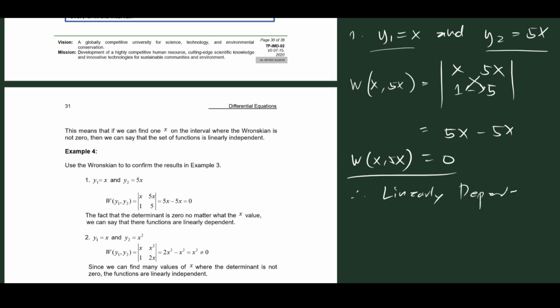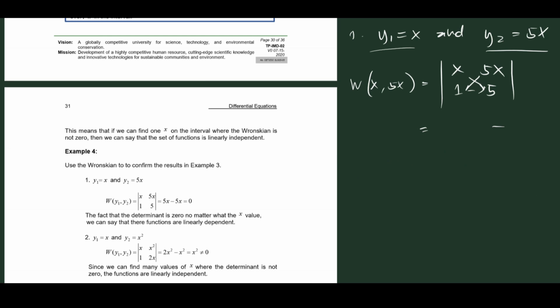If we can find even a single x value where it is not equal to 0, then we can say that it's linearly independent. But as you can see here, no matter what x we choose, the Wronskian is already 0. So that would be linearly dependent.